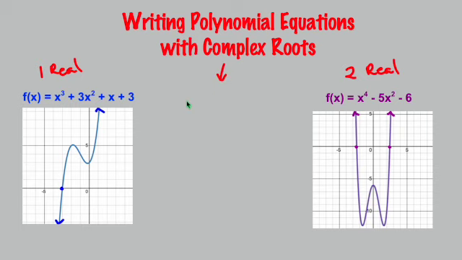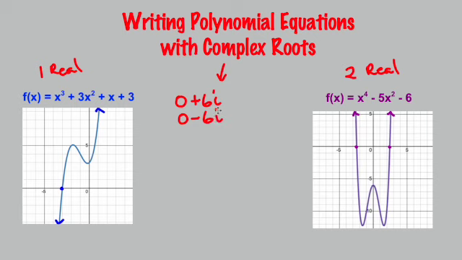A complex number is nothing more than a real number plus or minus an imaginary number. For instance, one of them might be 0 plus 6i. That would be considered a complex root. And if that were our complex root, the other one is going to be what's called the conjugate.